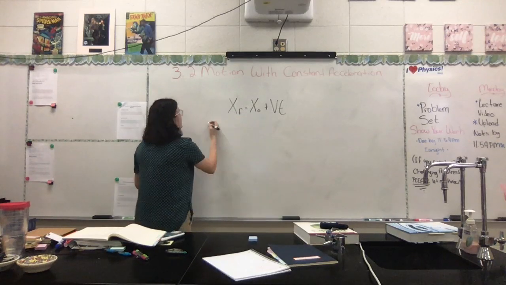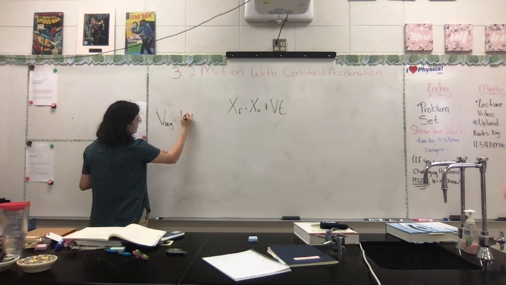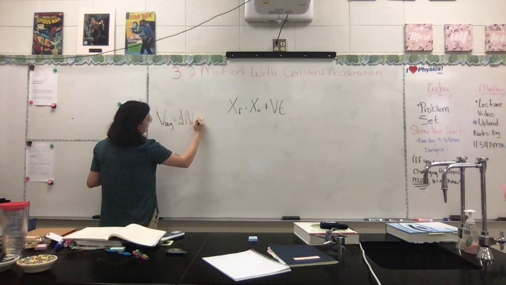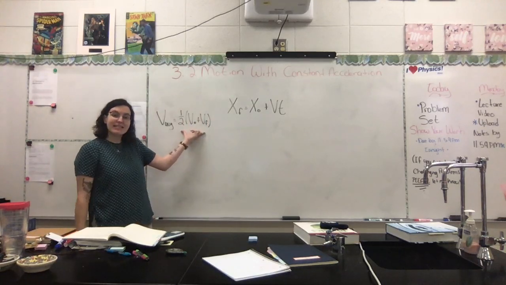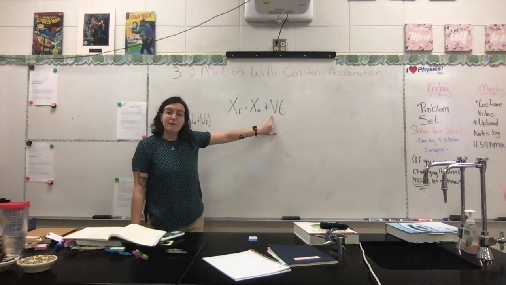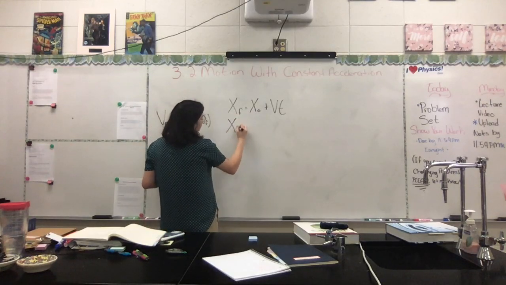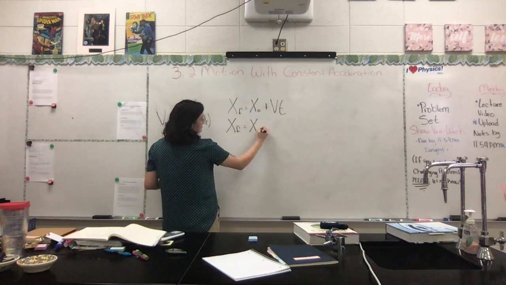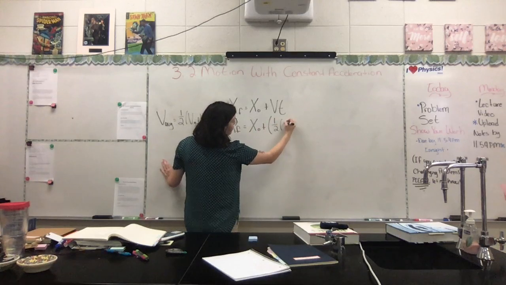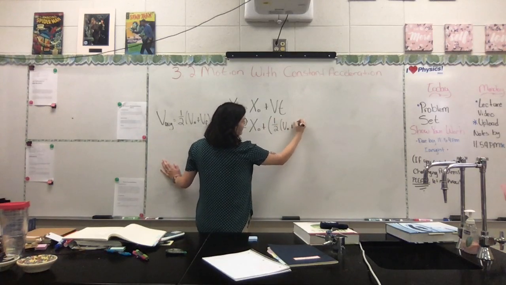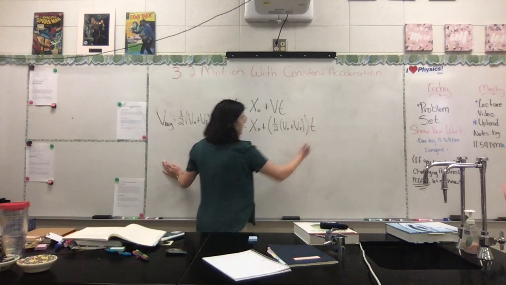How we do it is we sub in, you know how we had v average is equal to 1/2 (v naught plus v final)? We're going to take this and plug it in for our v here. So our equation becomes: our final position is equal to our initial position plus 1/2 of our initial velocity plus our final velocity, times t.